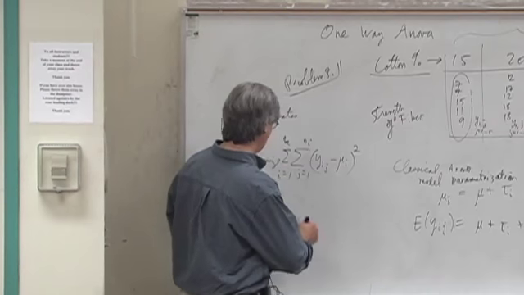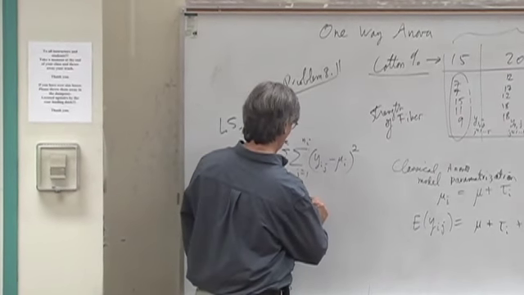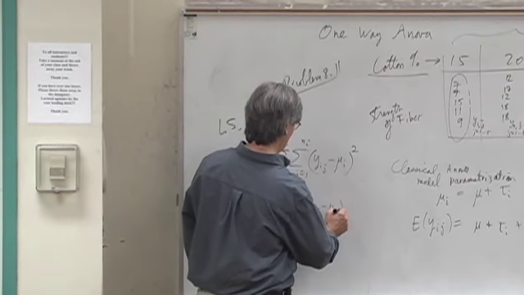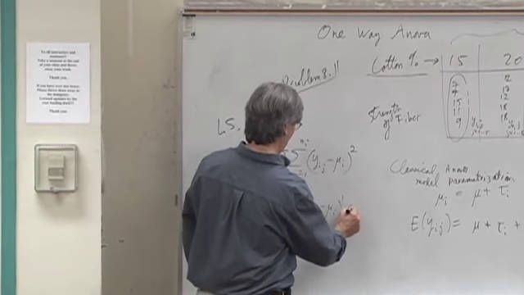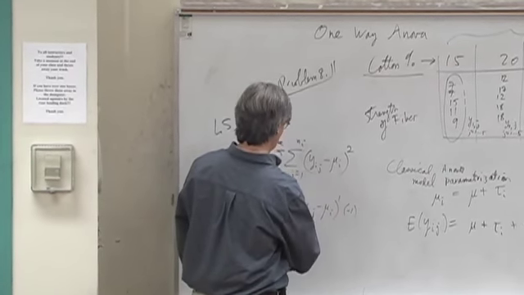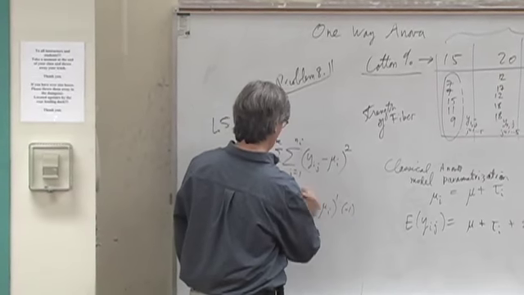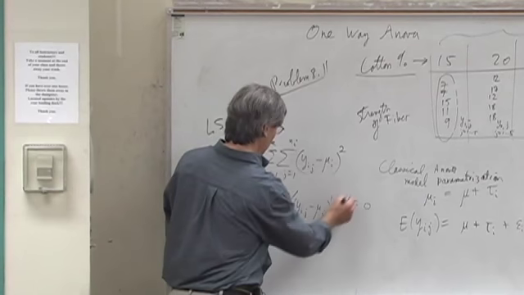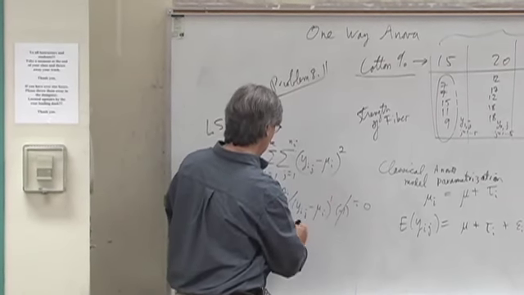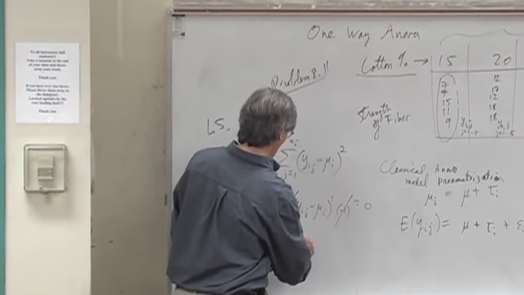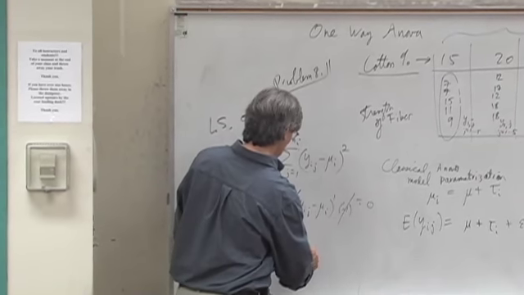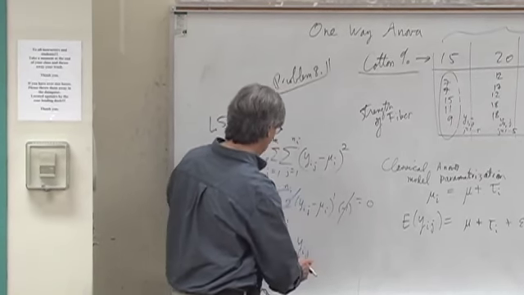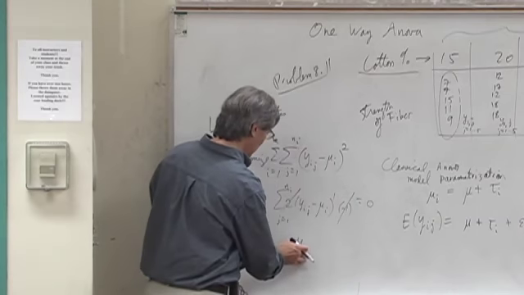And so I get 2 times yij minus mu i to the 1 times the minus 1, summation j from 1 to ni, equal to 0. I cancel the 2 and the minus 1, and I simply get the sum on the yij over j, sometimes written with dot notation.